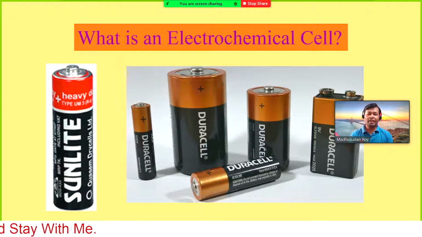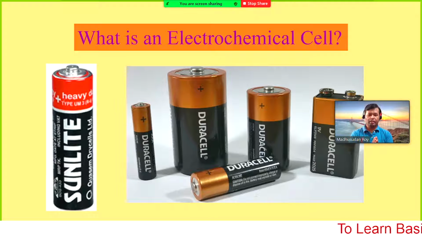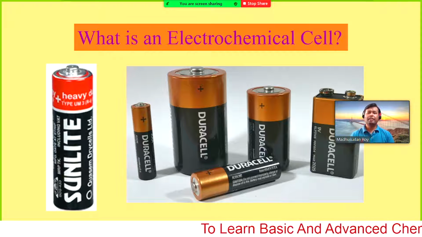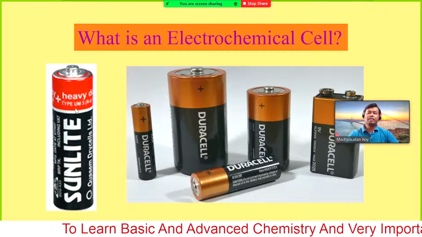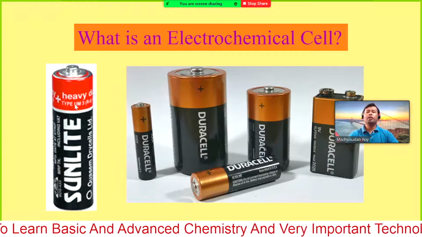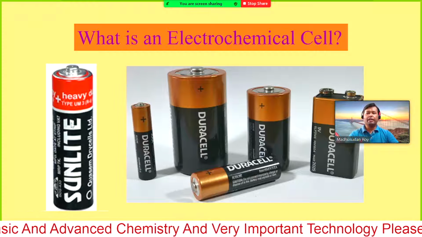In our everyday language or tradition, we call this a battery, but in the scientific way you should always call it a cell. And if we connect several cells together, then we call them a battery.